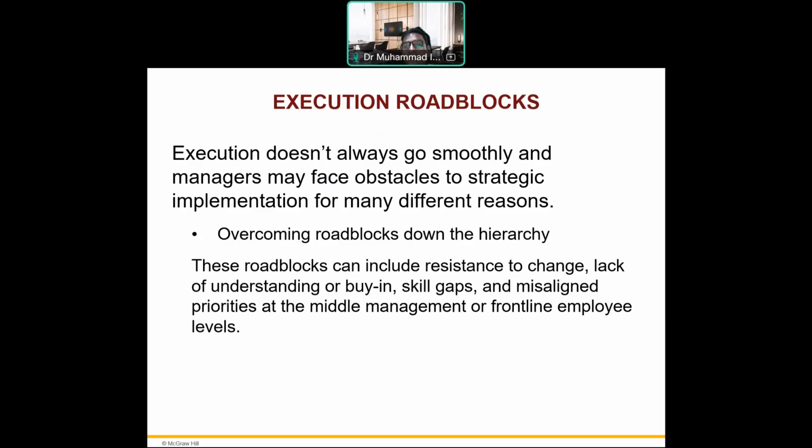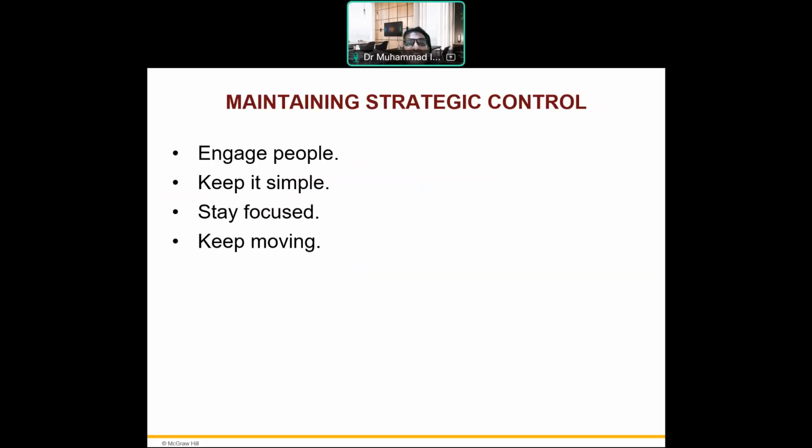They are not in one line, not on one point. This also makes it harder for management to implement the strategy effectively and get the maximum benefit from the strategy.